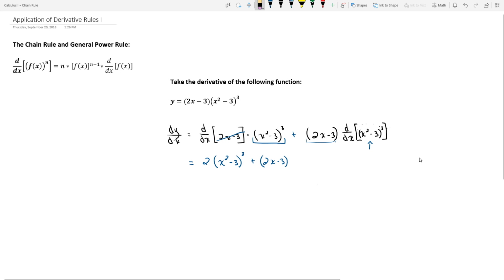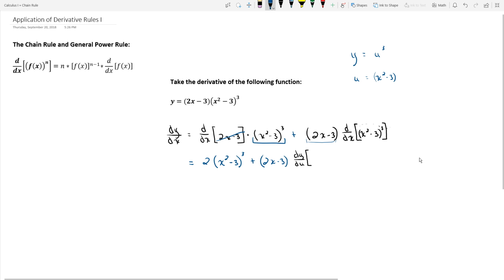I'm just going to show you for now that we are multiplying by the derivative of y with respect to u, and we are saying that y, let me just write this out. We are saying that y equals, and we are calling that u to the third, and we are saying that u is equal to x squared minus 3, just to show you what we're doing within an application.